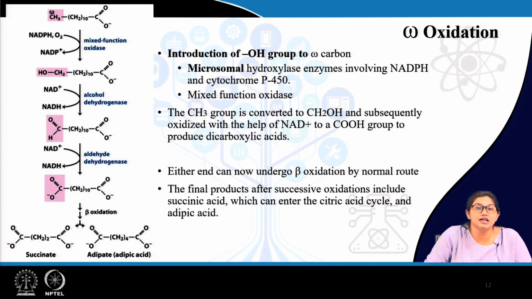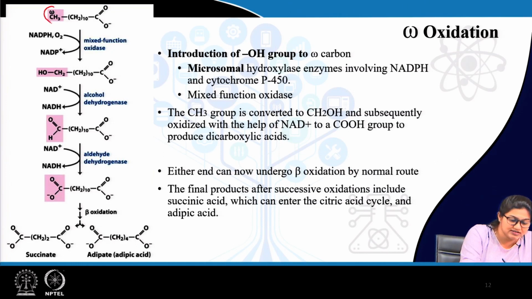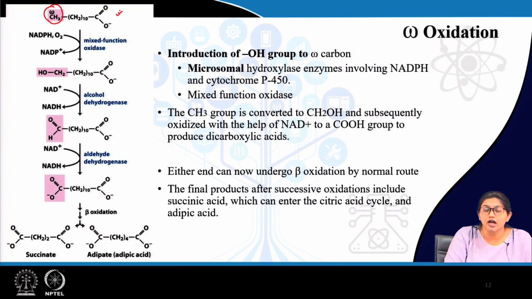So, here you can see the fatty acids. This is our omega carbon, which is distant most from the carboxylic group in the fatty acid molecule. Now, the most important enzyme in omega oxidation is the hydroxylase enzyme, that is a mixed function oxidase.